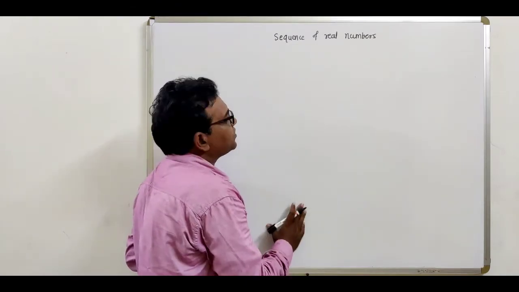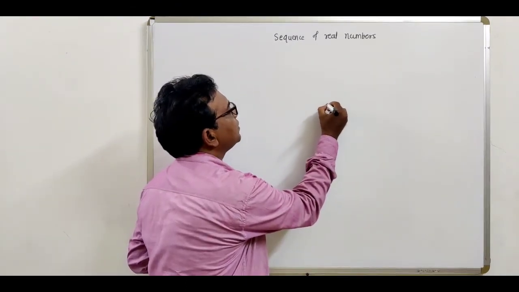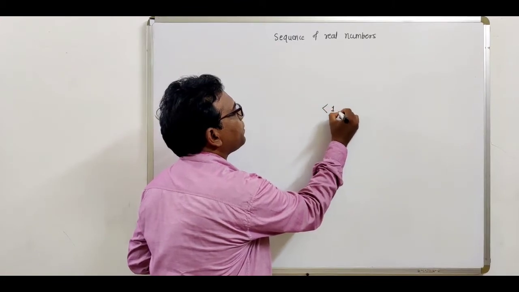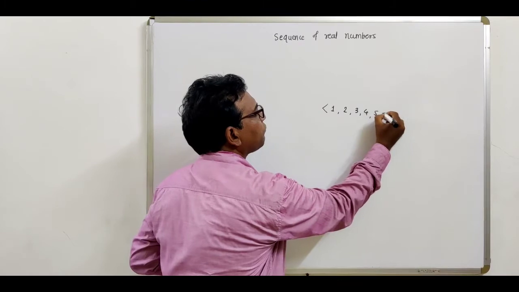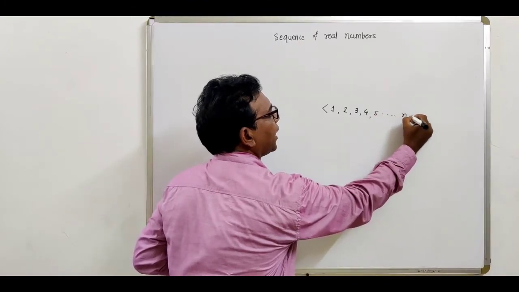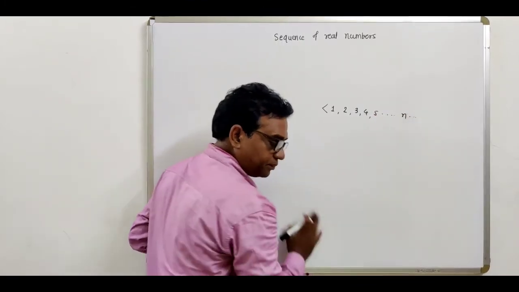Now consider the following sequence. This is the sequence of natural numbers 1, 2, 3, 4, 5, ..., n and so on.